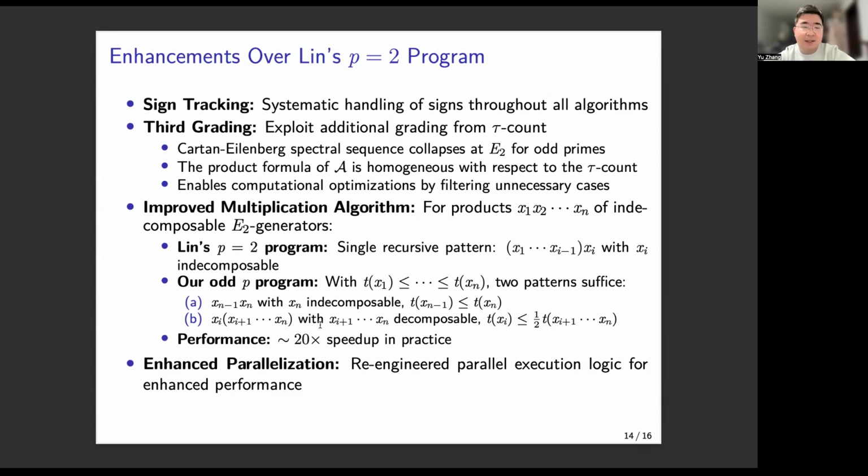The last part is more about the programming, and there's not much math behind it. Although Wang's program for p equals 2 already took advantage of parallel execution, for the odd-primary program we have redesigned some of the logic for parallel execution to make it even more efficient.